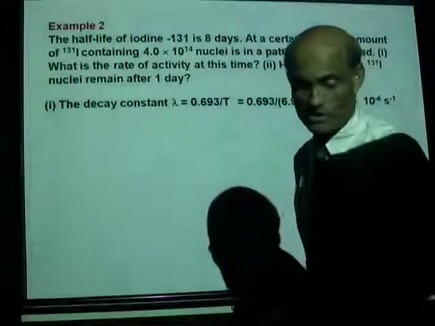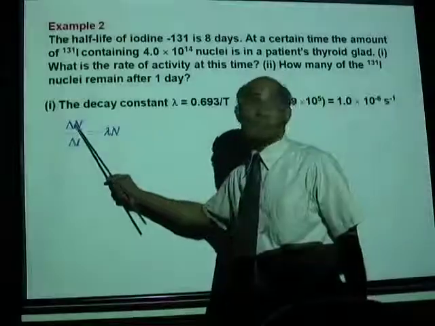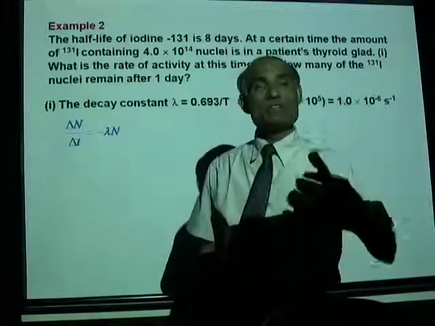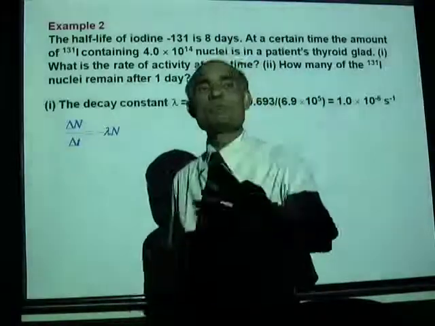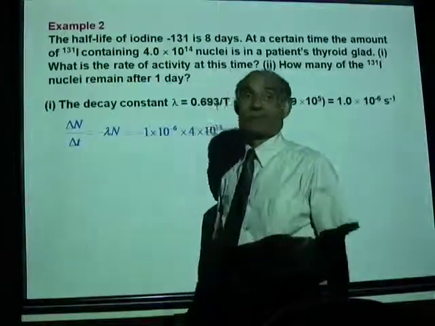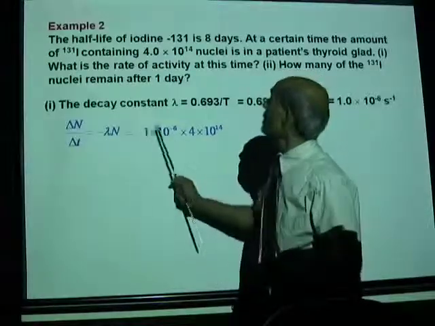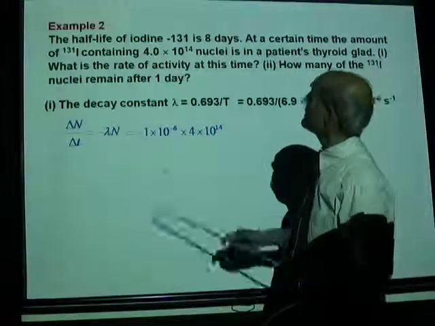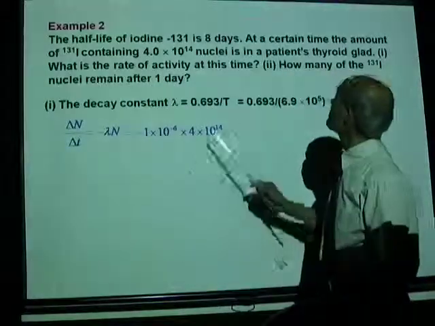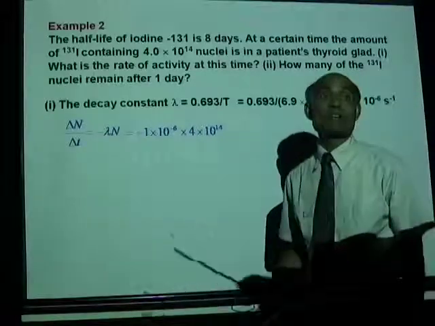Right. So many disintegrations happening per second. Now, delta n by delta t is negative lambda n. The rate of decay is proportional to the original number, or dn by dt. We know the value of lambda and we know the value of n. We've got 4 times 10 to the 14 nuclei contained in a patient's thyroid at a particular instant.